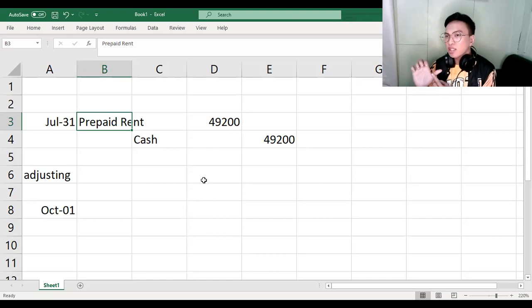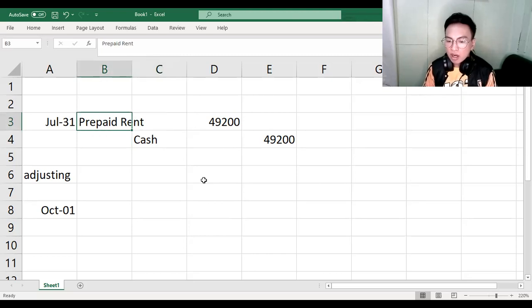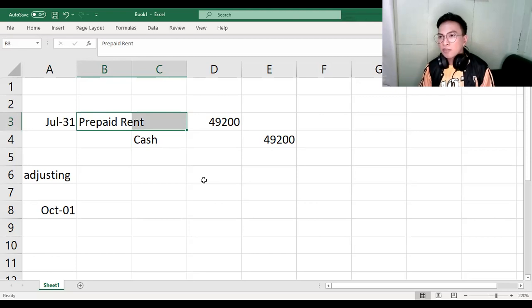If it loses the economic benefit, it will now become just a gastos or an expense. So, ganun po ang magiging adjustment natin sa kanya. What part of this prepaid rent will now become an expense na? Gano'n na ba katagal natin siya ginamit?